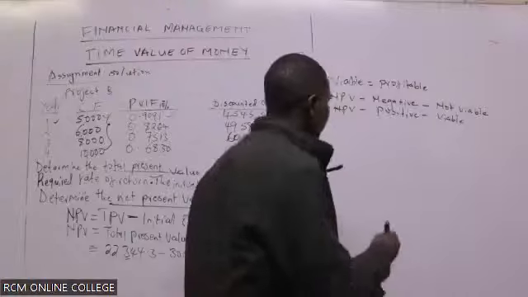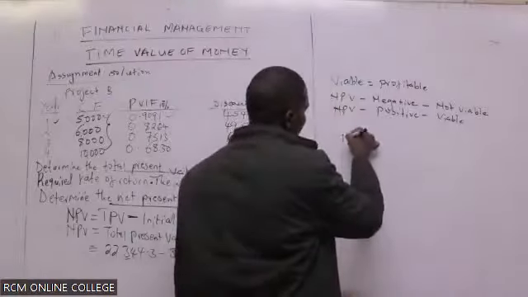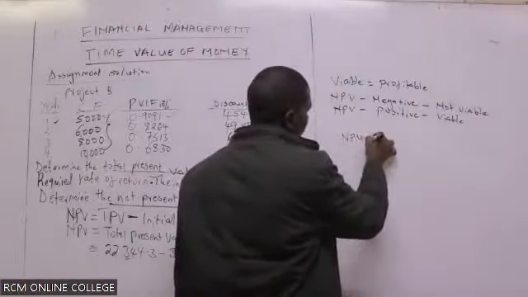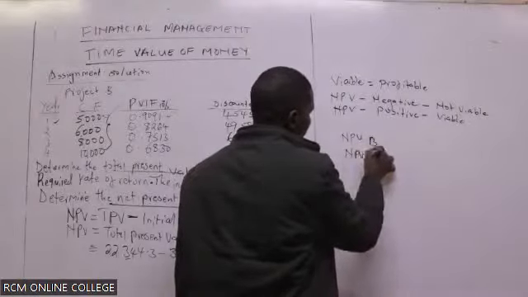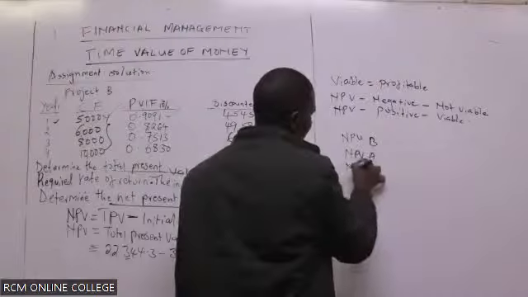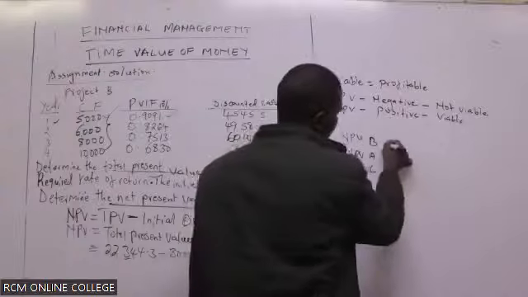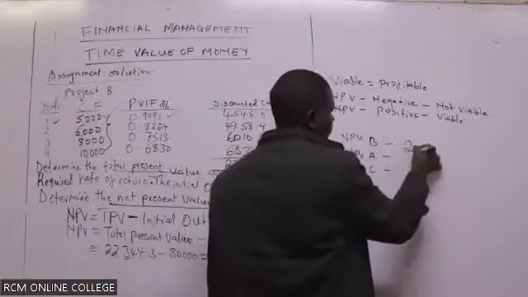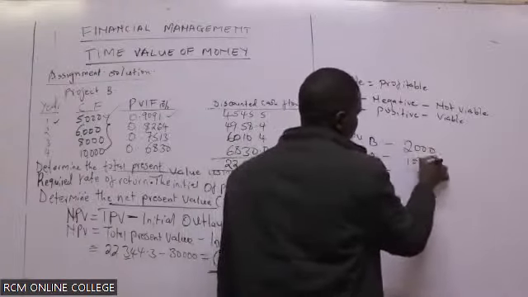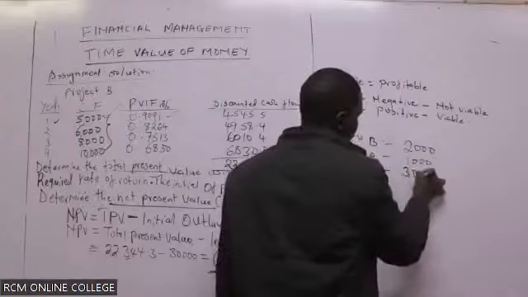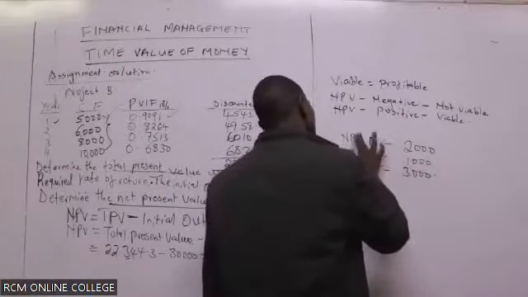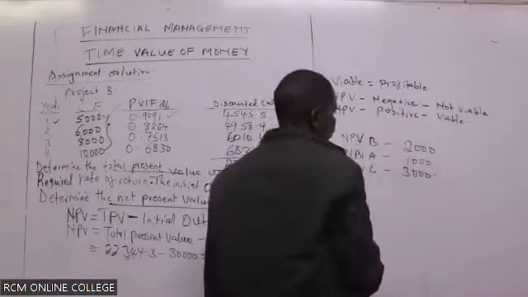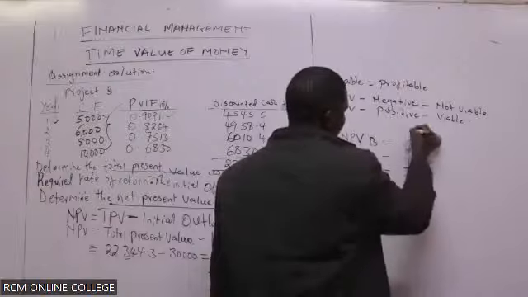Now I want your input here. NPV of project B, NPV of project A, NPV of project C. These are some of the NPV of each project, and these are shillings in millions.